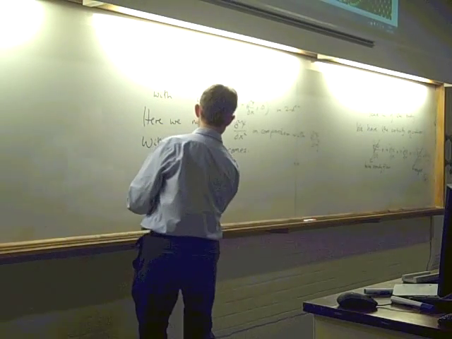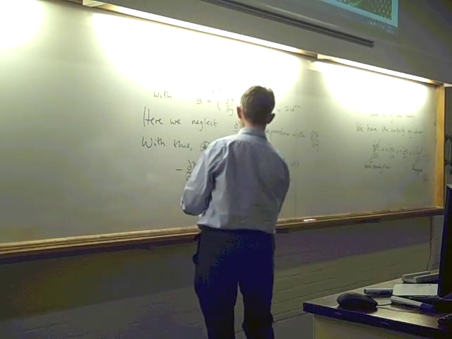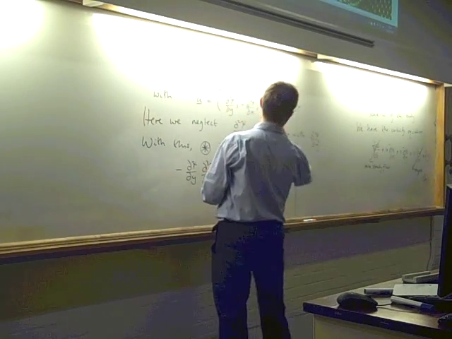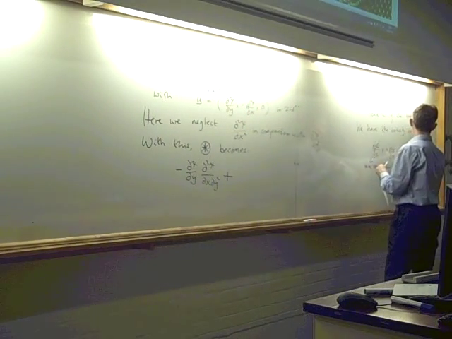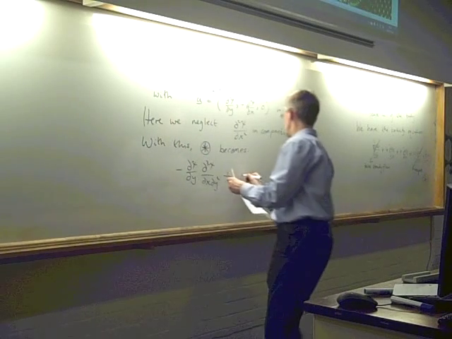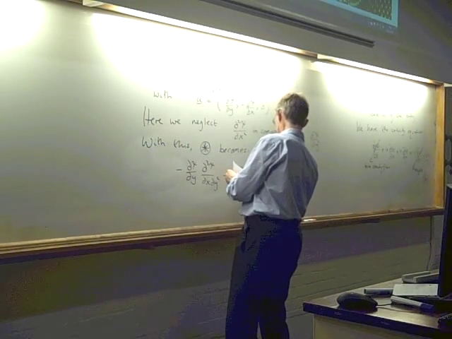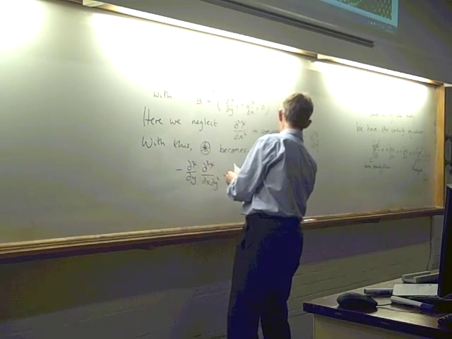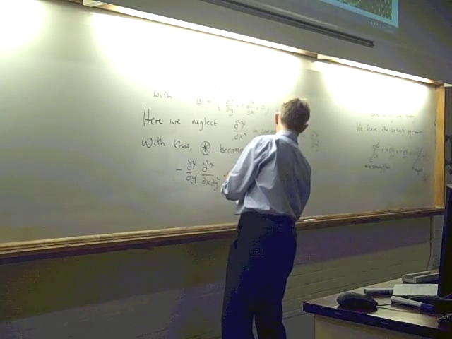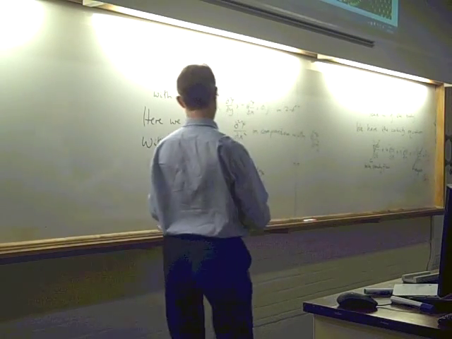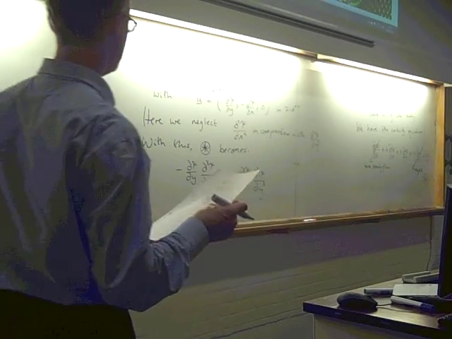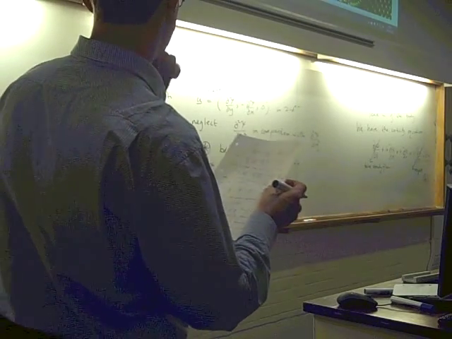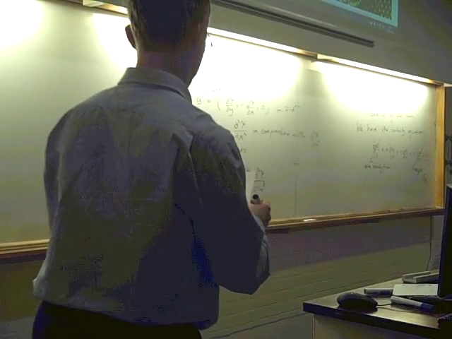Okay, so that's the first term. And then we get plus v d omega by dy, and that turns into minus d psi by dx times d3 psi by dy cubed. That's the left-hand side sorted out.